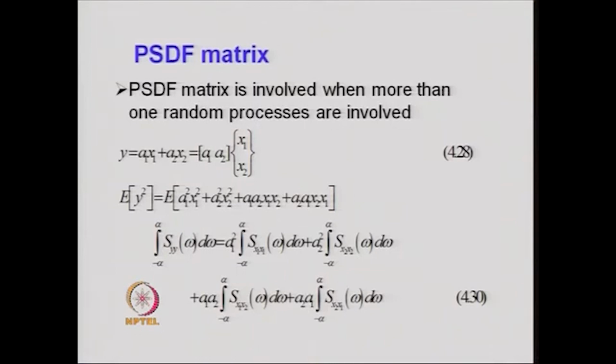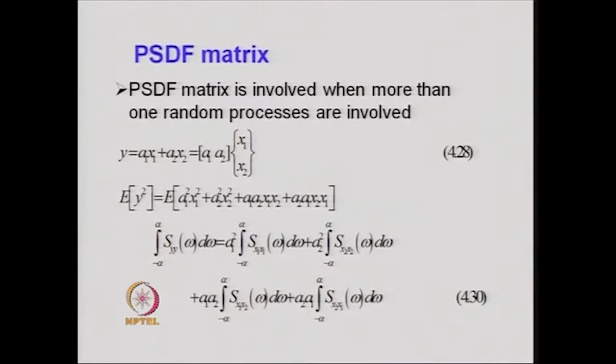You can see that the last two terms are Sx1x2 and Sx2x1, that is the cross power spectral density function between x1 and x2 and between x2 and x1, and they form the complex conjugate relationship that we have discussed before.